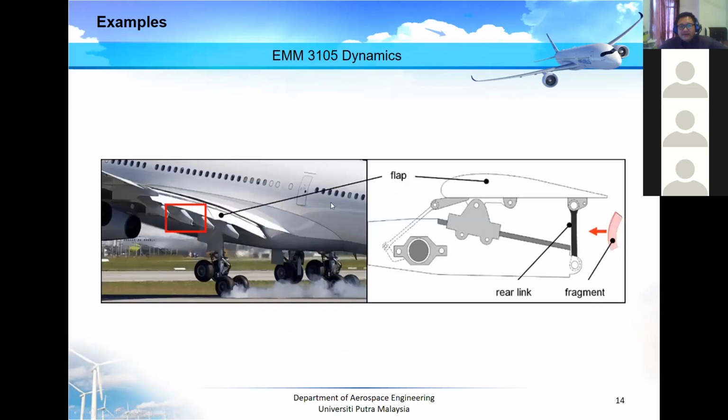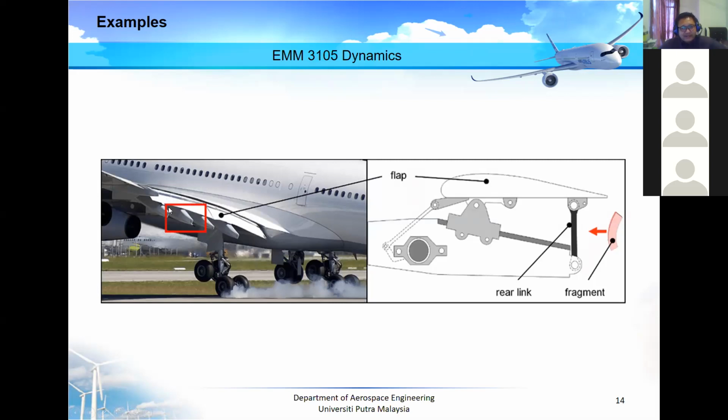Okay, anyway, for an aircraft, if you notice, if you sit somewhere near the window here, you can see that this particular part at the back of the wing, we call it the flap, and this particular flap will move a little bit behind, and then up to some point it will retract, go inside this particular wing.